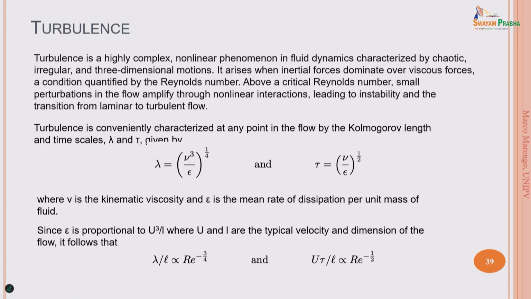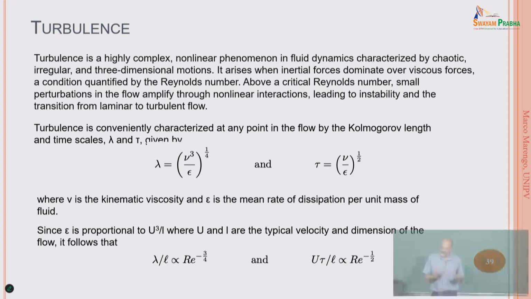If you consider the kinematic viscosity nu and the rate of dissipation epsilon, the viscous dissipation per unit mass of the fluid, we can write that the Kolmogorov length is equal to the kinematic viscosity to the power 3 divided by the rate of dissipation, all to the power 1/4. And tau is equal to the square root of the kinematic viscosity divided by the dissipation.